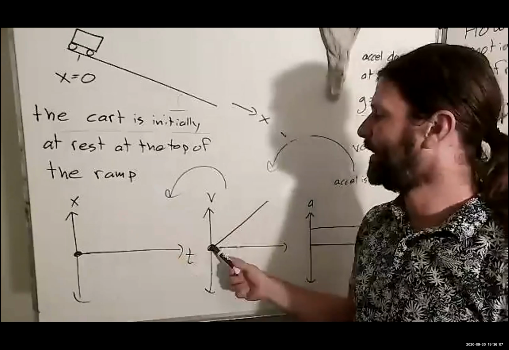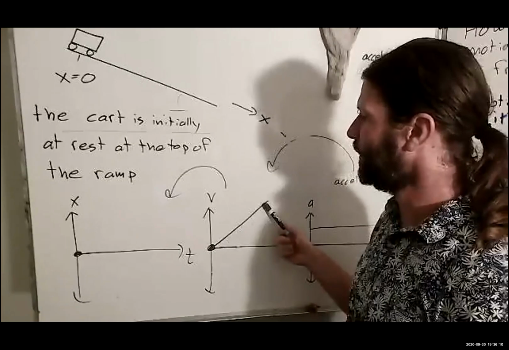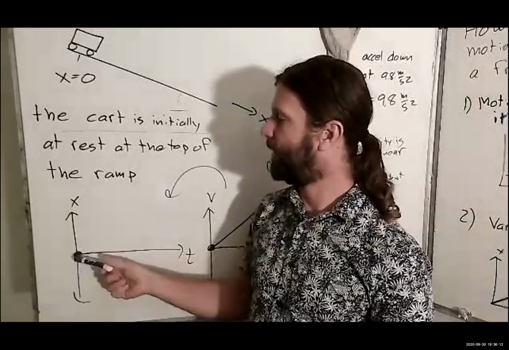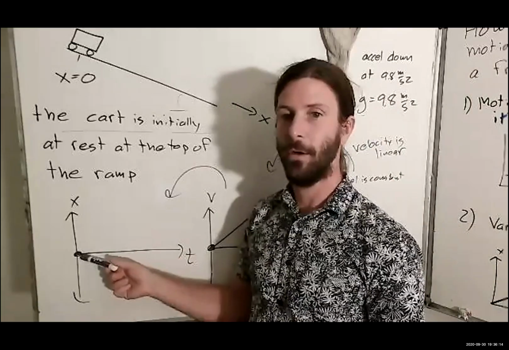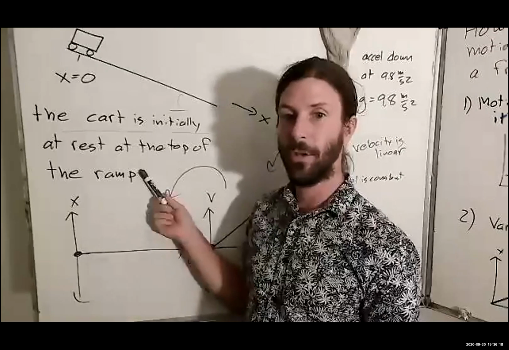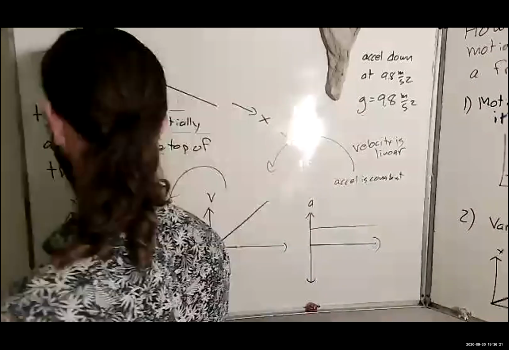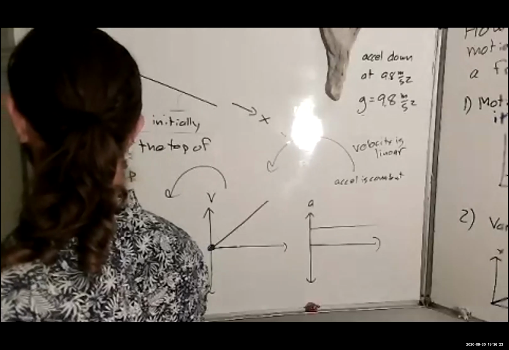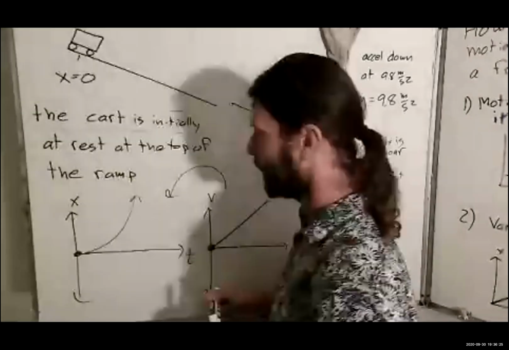Now what's happening here? Velocity is increasing. What should happen to the slope here? The slope should also be increasing. And that's why this one is going to end up being concave up, right?